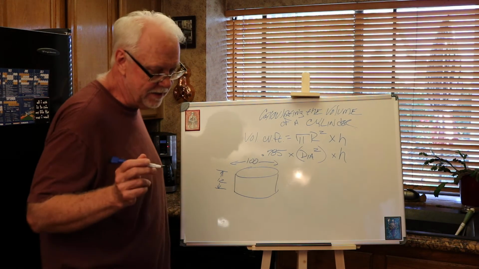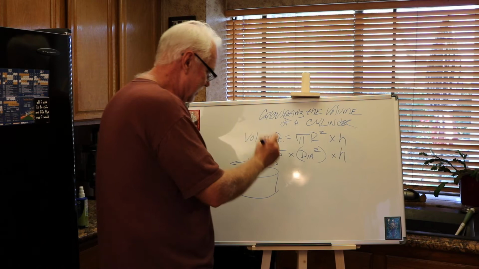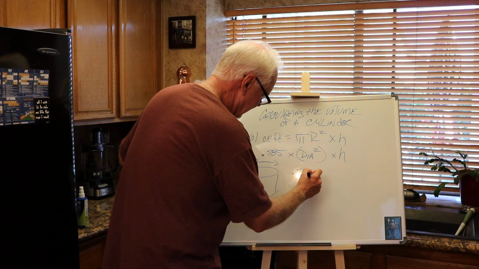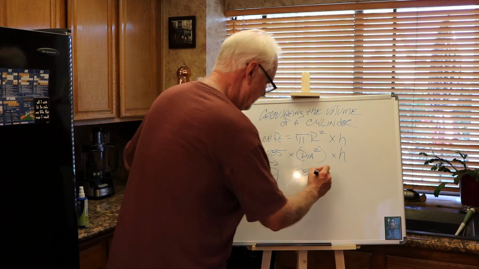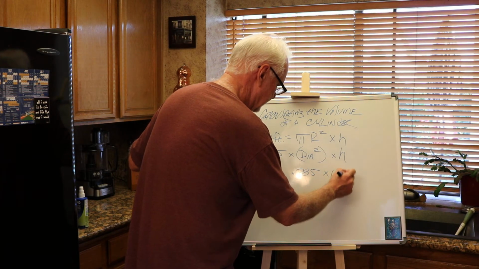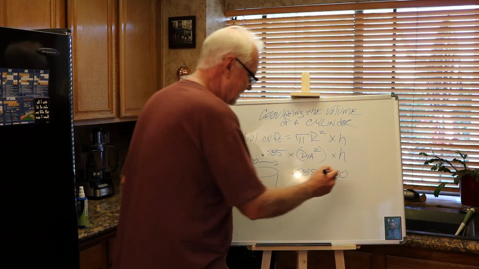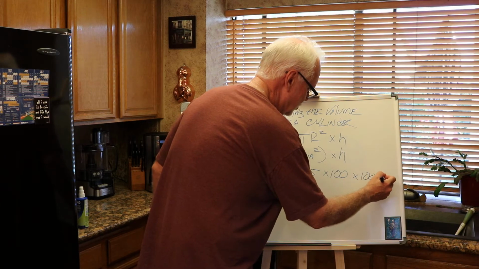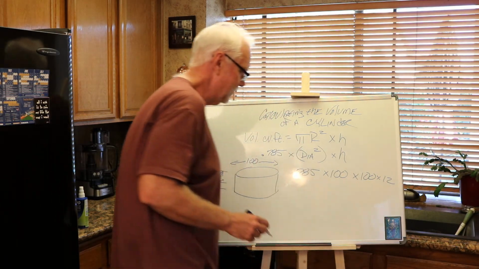Okay. So now I'm going to put 0.785, which is pi expressed as a decimal, times 100, this guy here, the diameter, times 100, the diameter again, times 12. Okay.